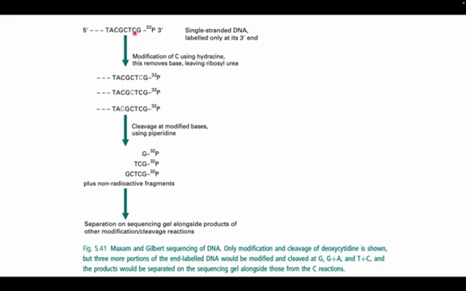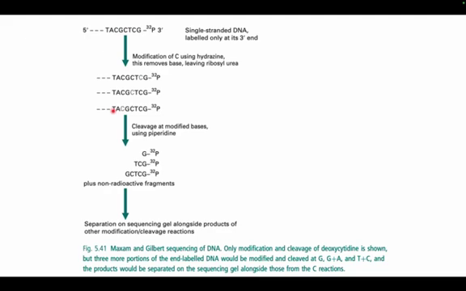And the ratio of the reaction mixture is taken such that on the balance of probability, each DNA molecule will only be modified once, and each site is equally likely to be modified. Okay? And under these two assumptions, when this molecule is treated with the C specific reaction, we should get one set of molecules which is modified at this C, one set which is modified at this C, and one set which is modified at this C. Okay?